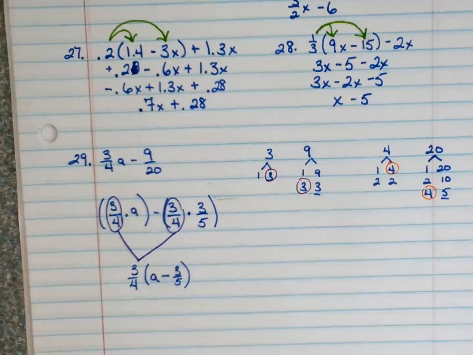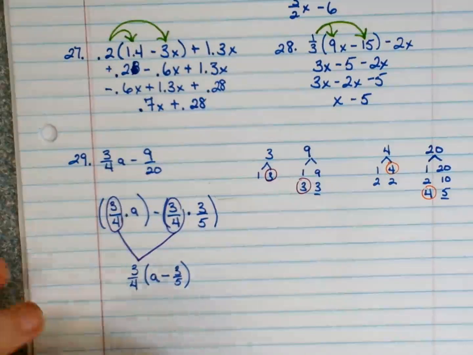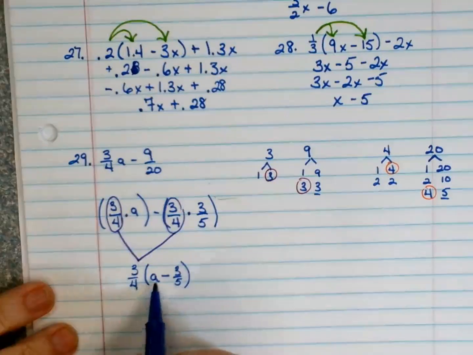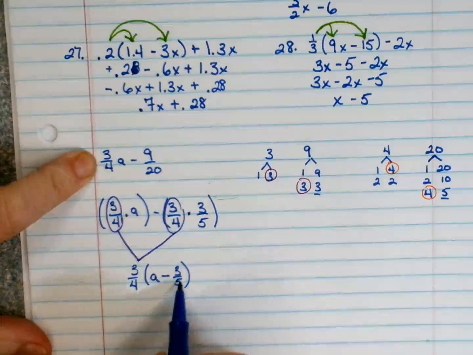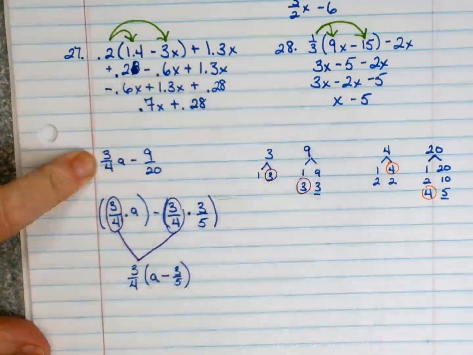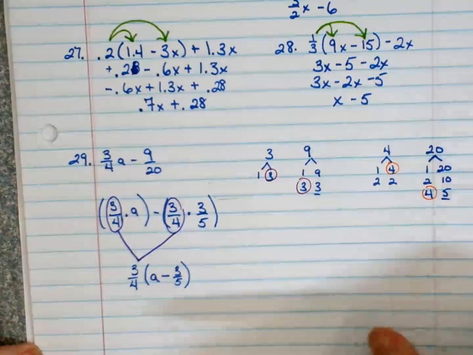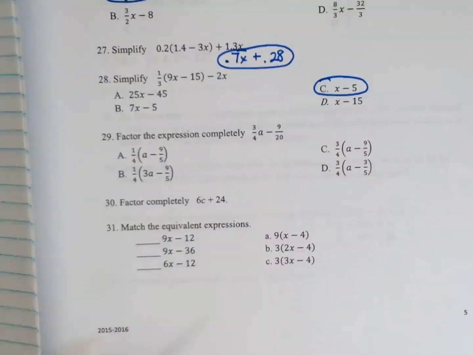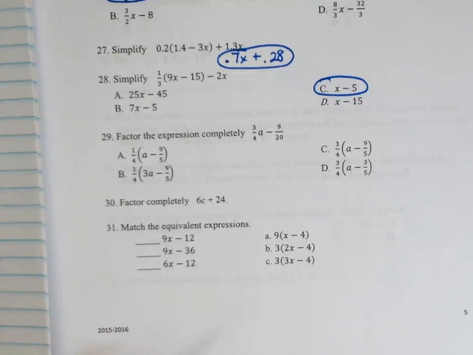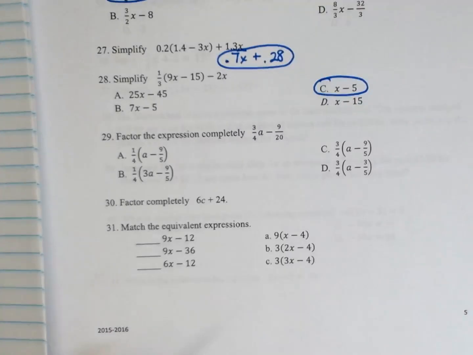Okay? And I can check that by redoing my distributive property. 3/4 times A is 3/4 A, and 3/4 times 3/5 is 9/20. Okay? So our answer to number 29 is 3/4 times the quantity A minus 3/5, which is letter D.